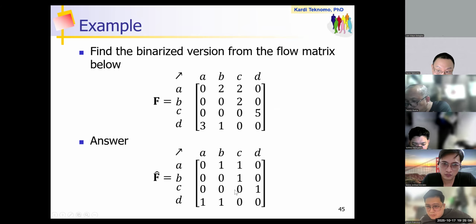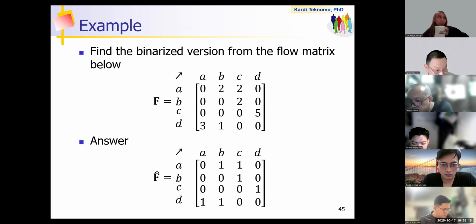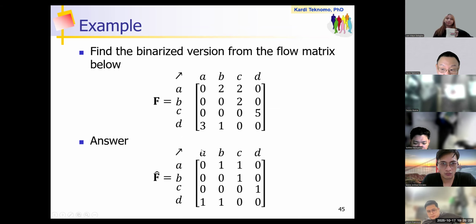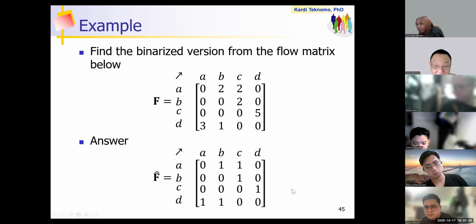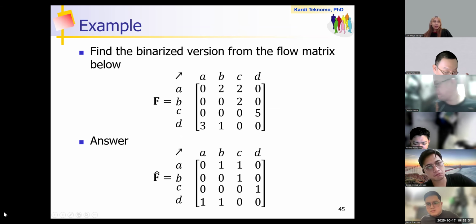I cannot go back from the binarized version to the flow. I can only reduce the information. This is projection, which means reduction of information. So from the flow matrix, I can get the adjacency matrix, but not the other way around. From the adjacency matrix, I cannot get the flow.